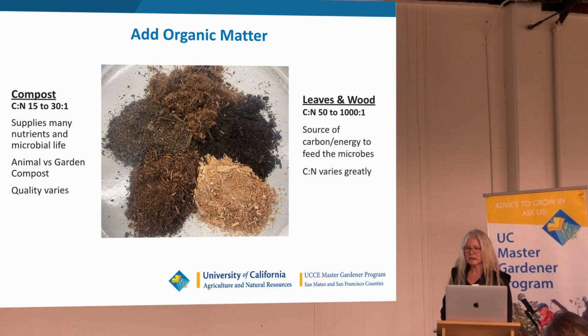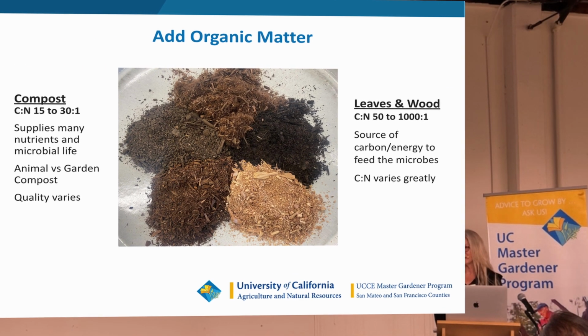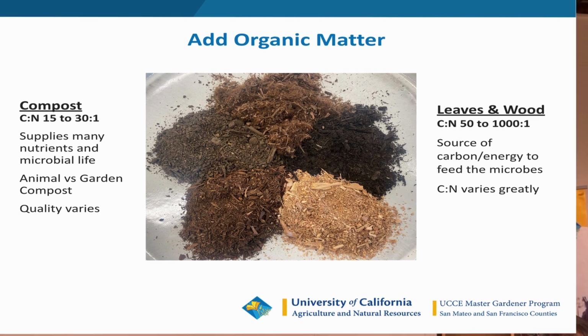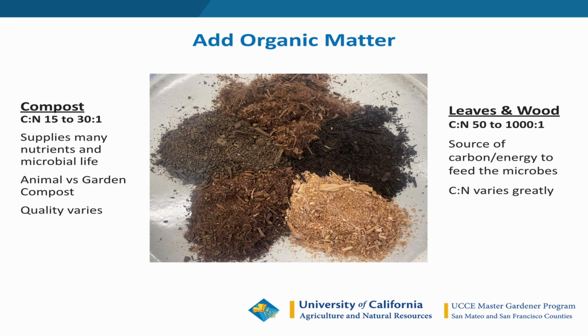So compost is one way to do it. There are many, many different kinds of compost. I really encourage all of you, if you haven't gotten into composting, that's a really fun thing to do. And your own homemade compost can actually be an inoculum that you add to store-bought compost.